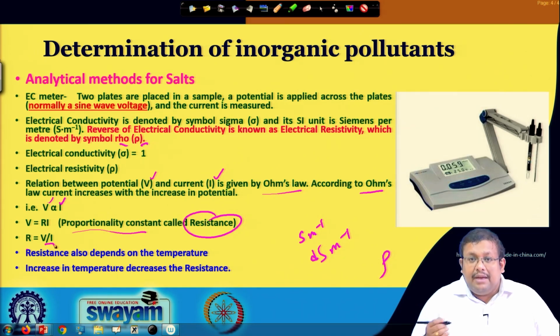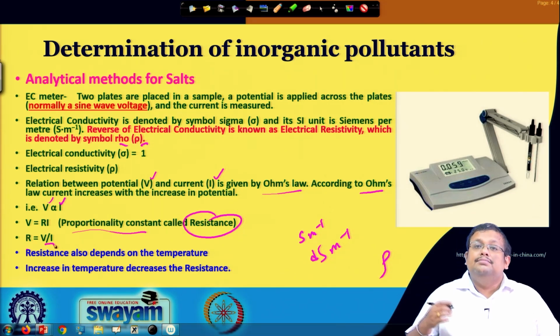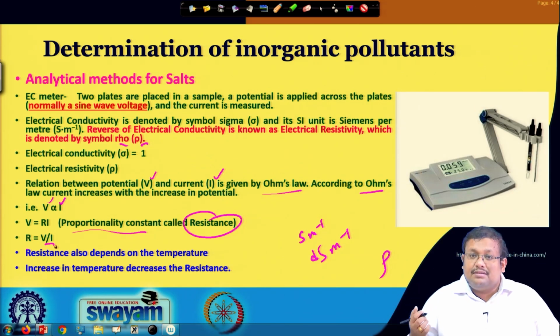We can either make a soil water solution with a fixed ratio of 1:2, or we can make a saturated paste. Saturated paste means we saturate the soil with the water and keep it overnight, and the next day we measure the electrical conductivity of that paste, directly inserting the electrode into that paste. Another way is to extract the saturation extract.